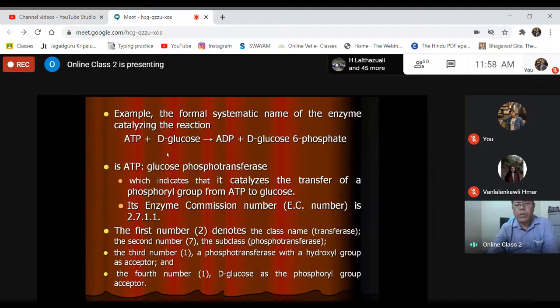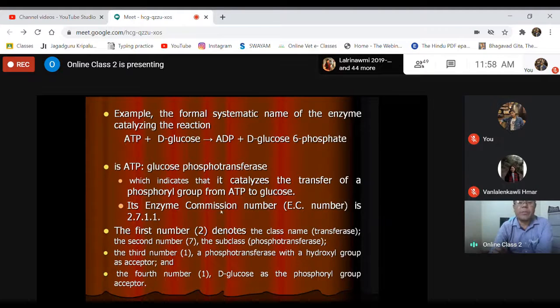What type of reaction is happening? It is the transfer of the phosphate group from ATP to glucose. So it is ATP, glucose, then what is transferred, the phospho, and the type of reaction is the transfer of a group. So it is called phosphotransferase. This is the systematic name, which indicates that it catalyzes the transfer of a phosphoryl group from ATP to glucose.